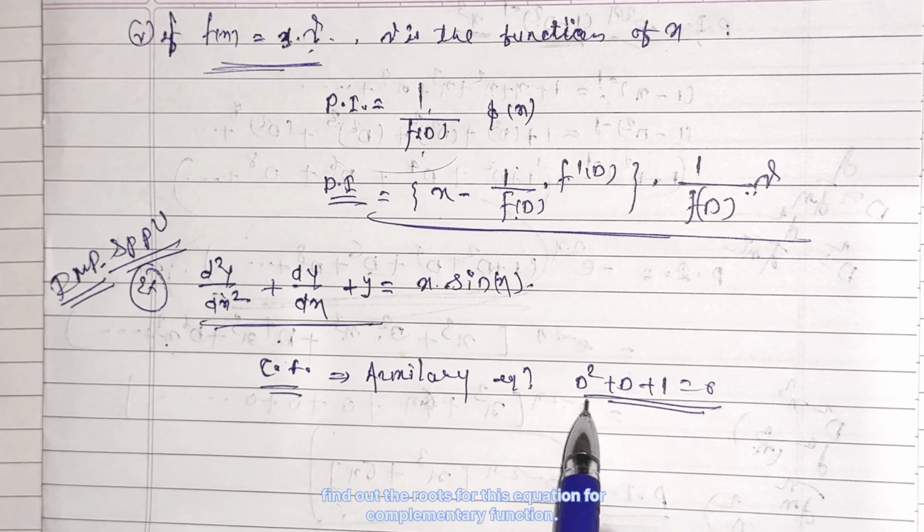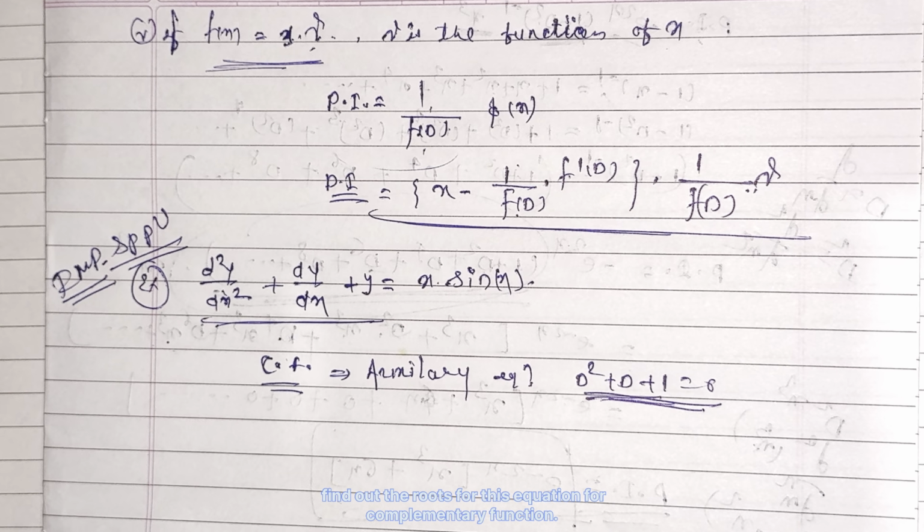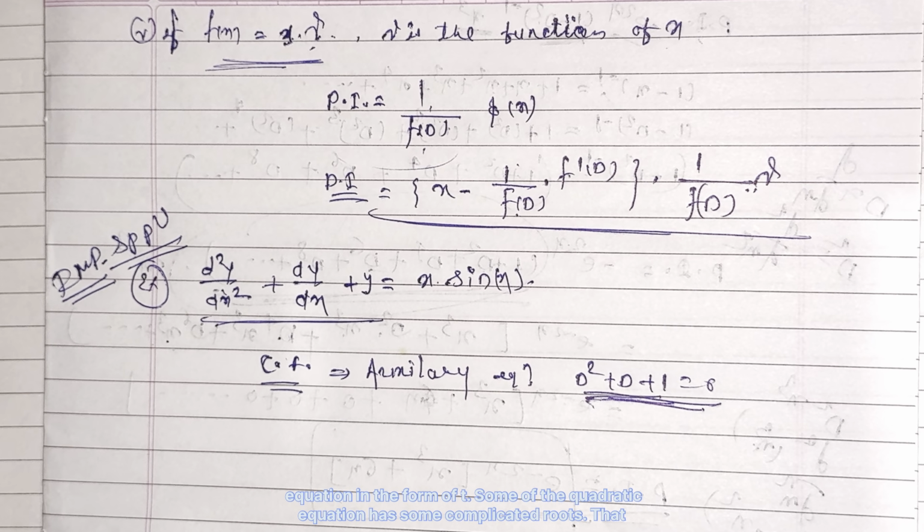Now we have to find the roots of this equation for the complementary function. This is a quadratic equation in the form of D. Some quadratic equations have complicated roots that we generally cannot find by their multiplication or addition, so we have to apply a standard formula.